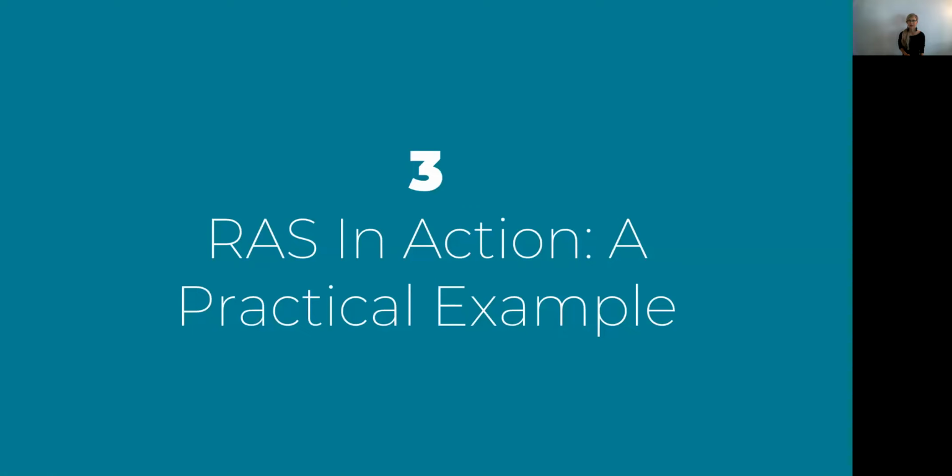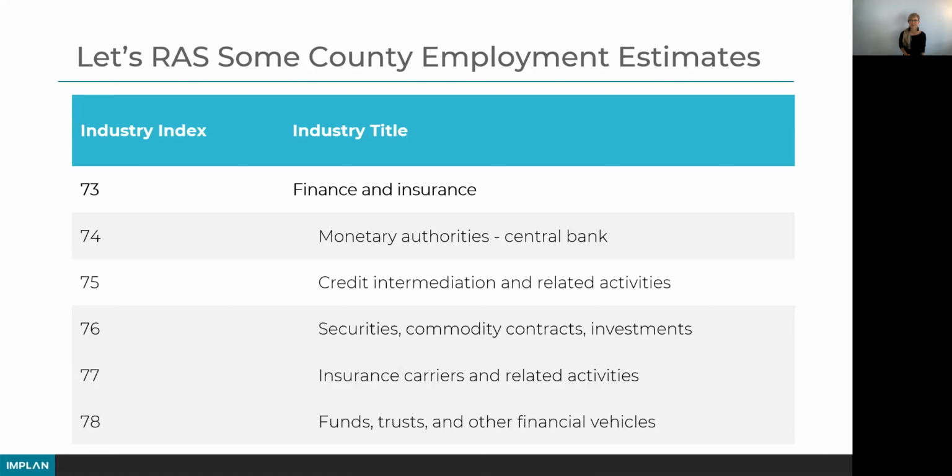Okay, finally, we'll end with a practical example. One of the data sources that IMPLAN uses is the BEA's Regional Economic Accounts data, and it gives us employment and income by industry. But it has an industry hierarchy. So in this example, these are real industries in that data set, and they have a parent.